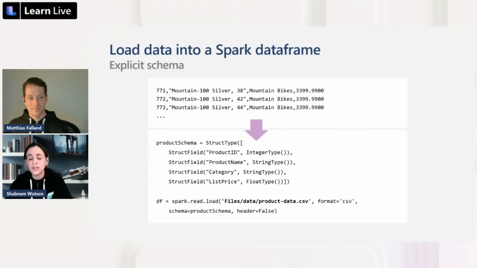You're basically just giving it the column name and the data type. And this time, when you load the file into the data frame, you specify the path, the format, and the schema. And in our case, this time we don't have a header. So this will load the data into the data frame for you.